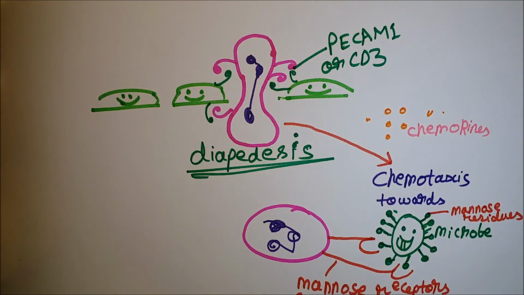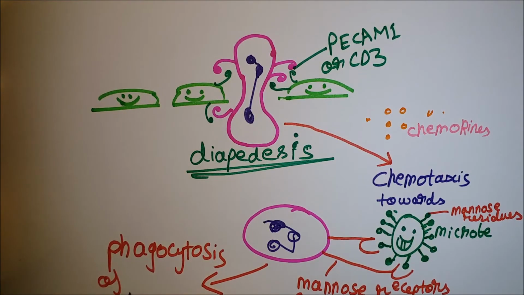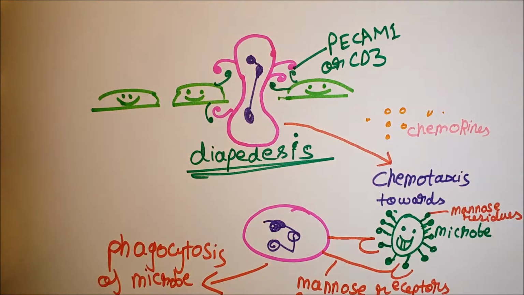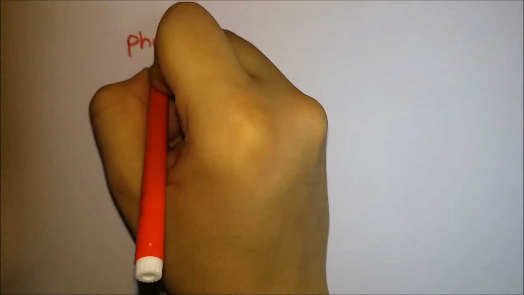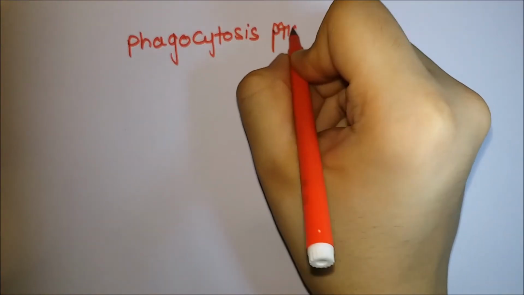And next, when this binding occurs, there is initiation of the phagocytosis reaction of the microbe. Now let's discuss the phagocytosis process in detail.